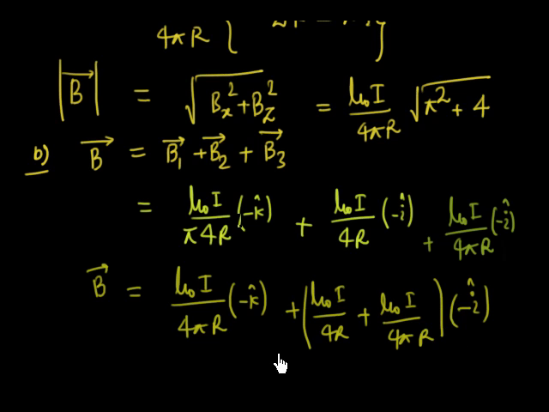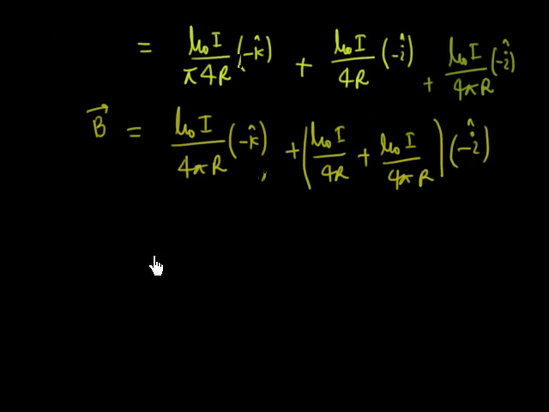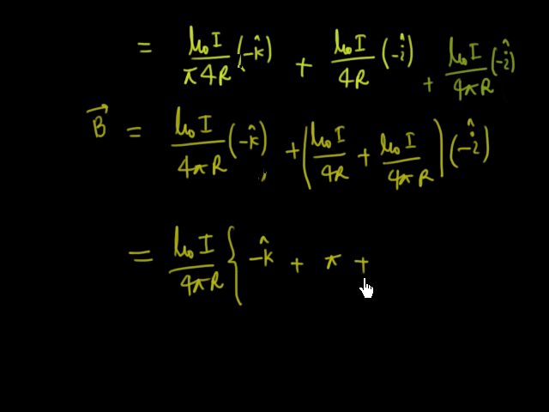Are you getting? Now if I take mu naught I by 4 pi r common, here I will have simply minus k, and here this is pi plus 1, and this is minus i.